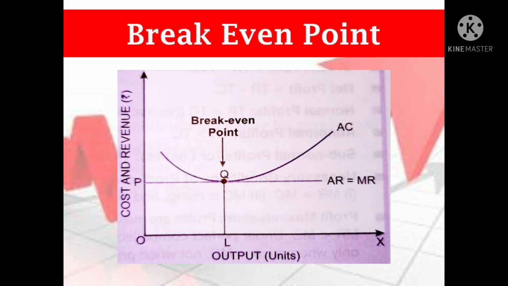So you see here in this figure, break-even is struck at point Q where AR equals AC equals LQ equals OP. A firm is just covering its cost as price, that is OP, happens to be equal to AC, that is the average cost, equal to LQ.